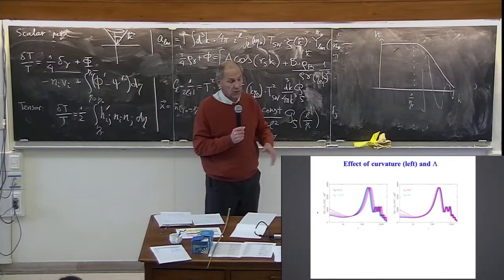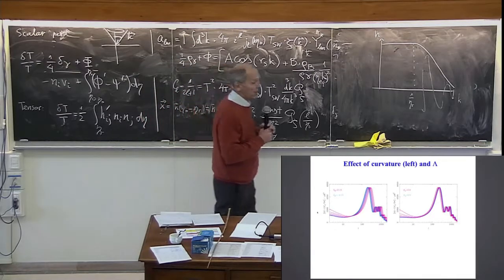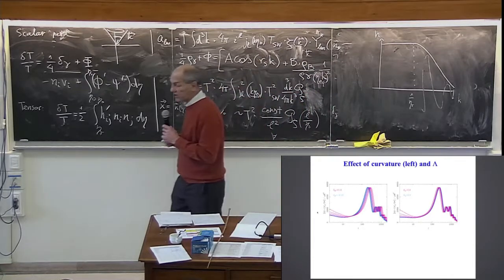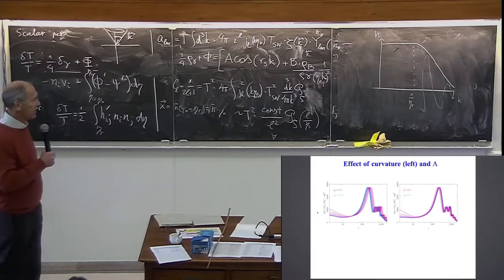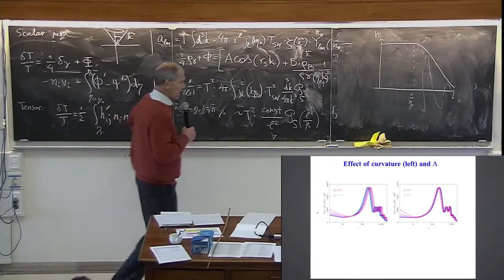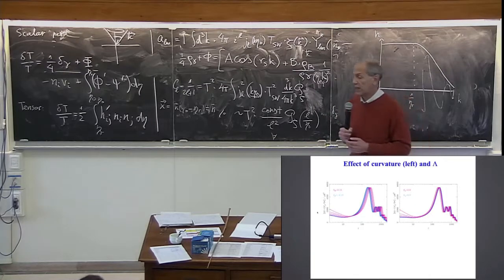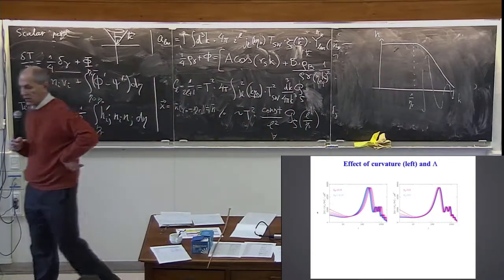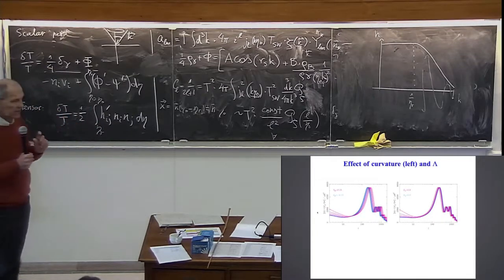Everything is consistent with no gravity waves, and furthermore, you place relatively strong bounds, not very strong, but relatively strong bounds on the gravity waves, as I told you, on the order of 10% in terms of the ratio of tensor to scalar power spectrum.